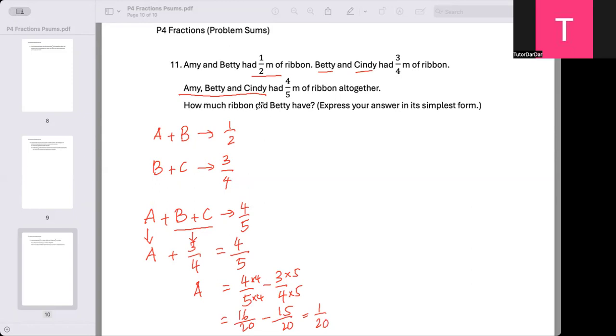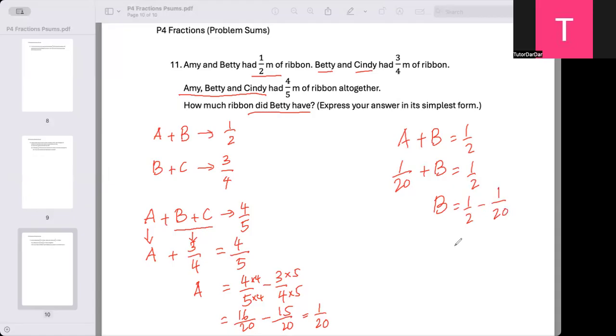So now, what is the question? How much ribbon did Betty have? They want B, Betty. So we know that A plus B is equal to half. So A, we already know, is 1/20, plus B is equal to half. So if you want B, what do we do? Half minus 1/20.